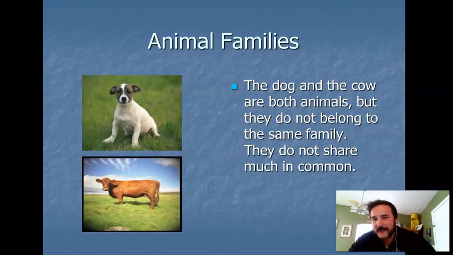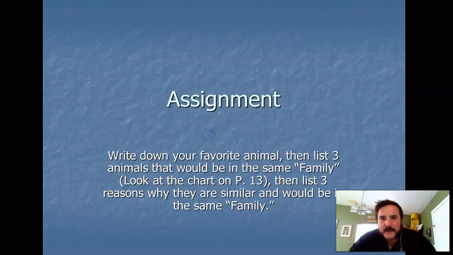Not at all, right? Completely different families. So that's where you've got to kind of differentiate as a scientist, or at least what they do. They think, all right, do they have a lot in common? Do they have a lot of body similarities and diet similarities and where they live? Not that they all have to live in the same exact area, but that's how they classify it. That's how they organize animals.